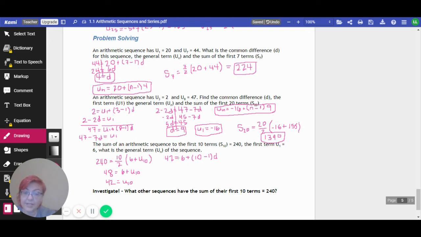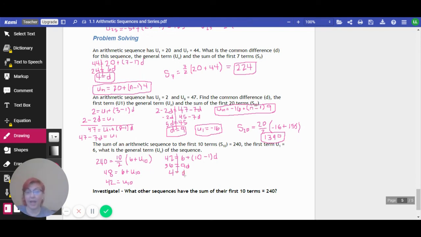Well, I'll subtract 6 from both sides. So 42 minus 6 is 36 equals 10 minus 1 is 9 d. Divide both sides by 9, and I find that my common difference is 4.